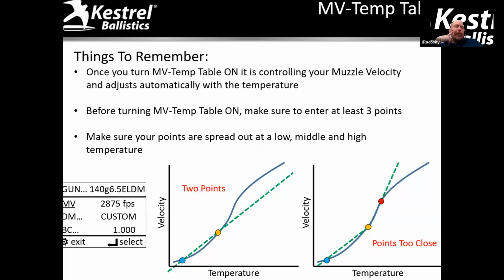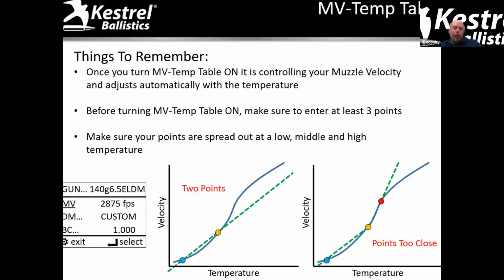Now, the other thing some people will do is they will freeze or heat their ammo to get different chamber temperatures. If you're able to measure the chamber temperature, we could use that value for the MV temp table as well. One little caveat is, in order to pick up both your chamber temperature and the environmental temperature, there's a little trick you want to do.